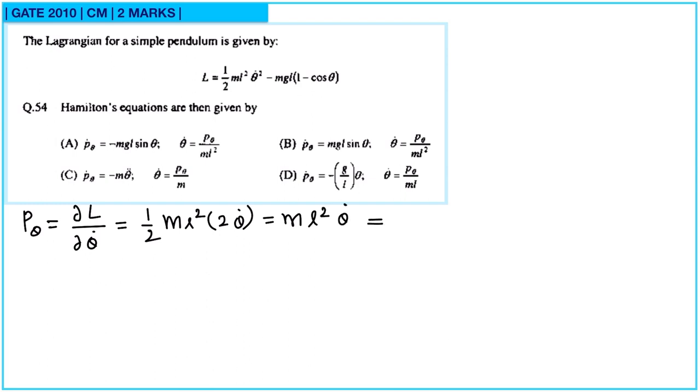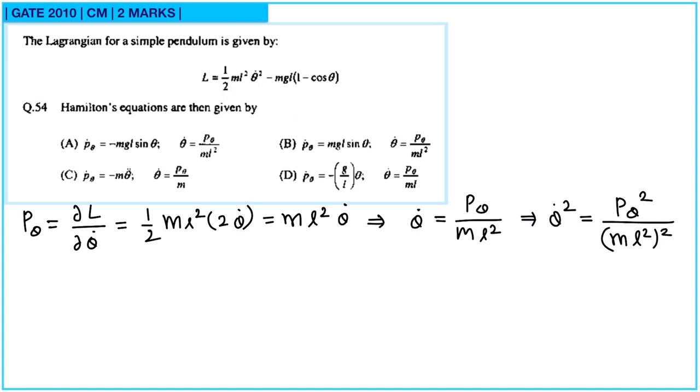So from here we can write theta dot is equal to p theta upon m l square. That means theta dot square is equal to p theta square upon m l square whole square.